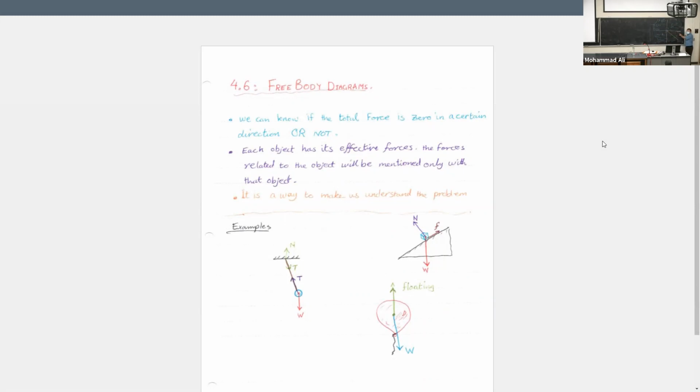Sine or cosine? The cosine is in the direction of the angle. So the angle is from the x-axis. The x-axis will have the cosine theta. From this direction, it will be T sine theta. The wind forces in this direction, F applied.